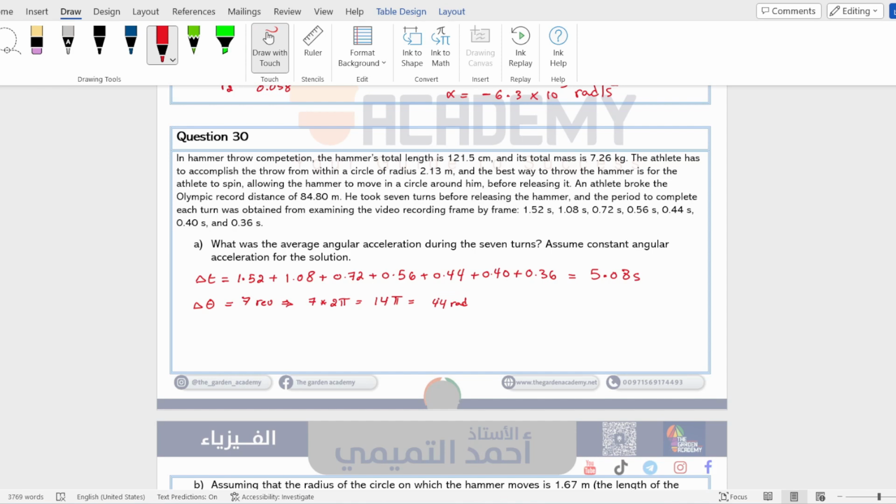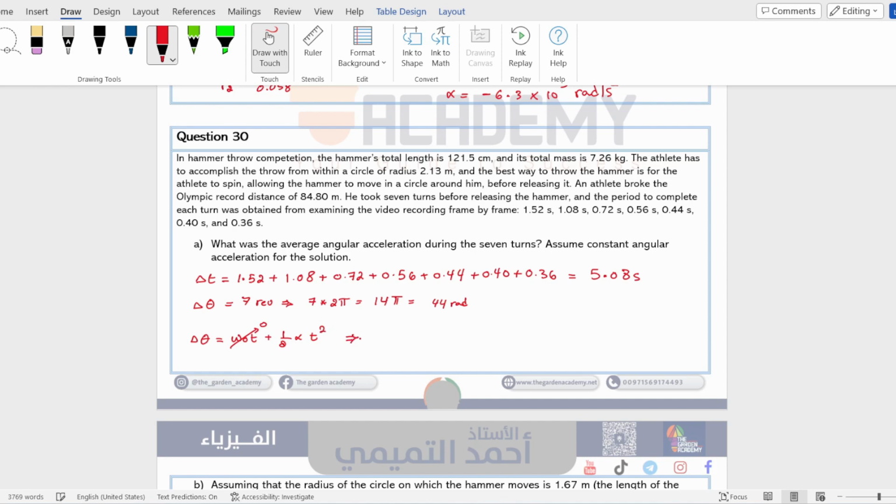Now to find alpha, we have to use the following equation. First of all, delta theta is equal to omega naught t plus half alpha t squared. Assuming that it starts from rest, this value is 0. So basically delta theta is equal to half alpha t squared.